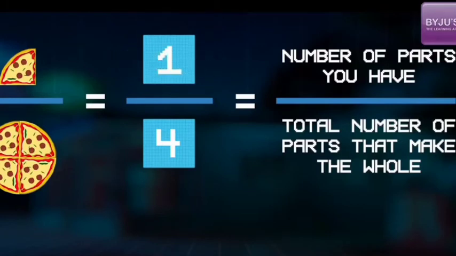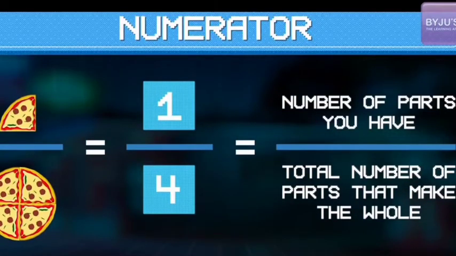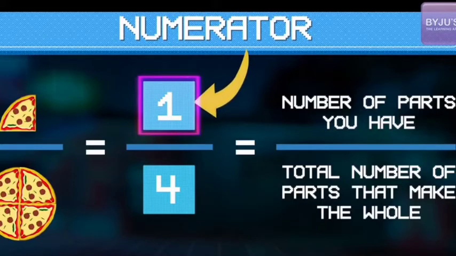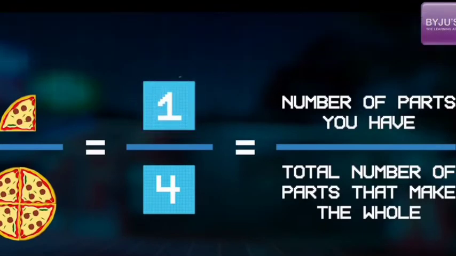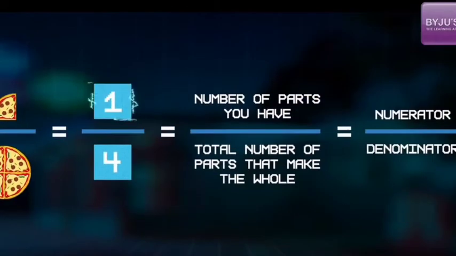And just like the bottom number had a special name, the top number also has a special name. It's called the numerator. So, in this fraction, the numerator is 1. In fraction form, we write it as 1 by 4. In this case, 1 is the numerator and 4 is the denominator.